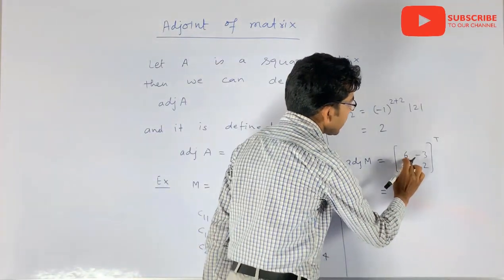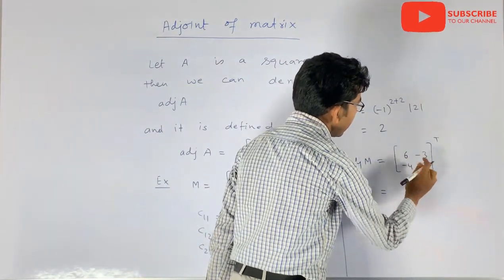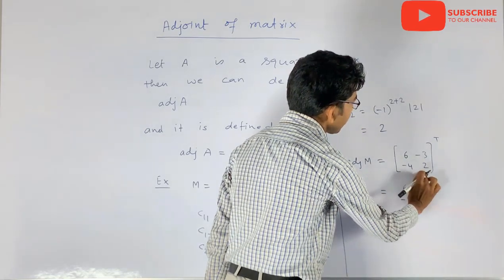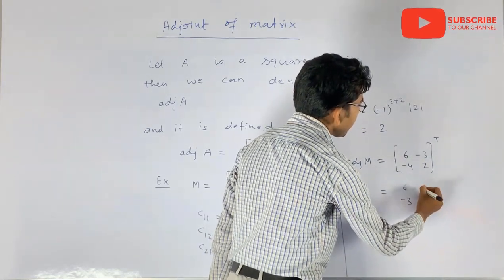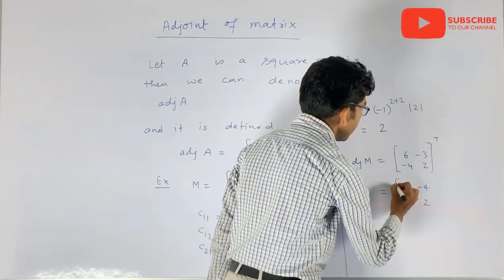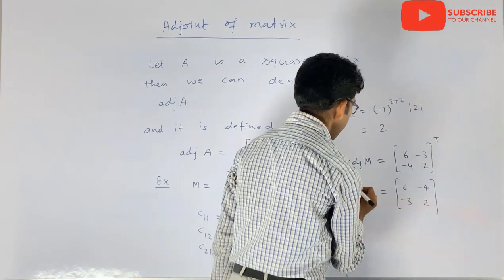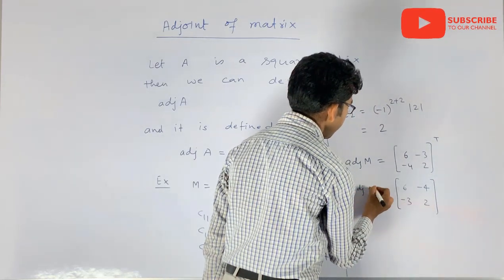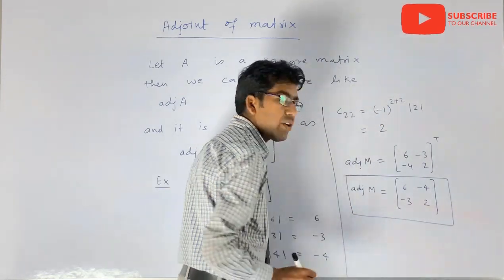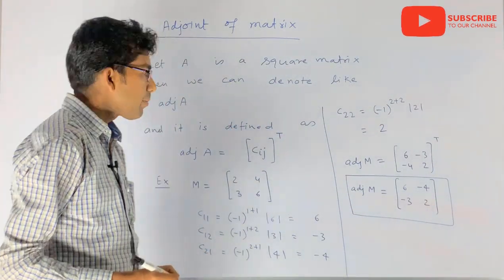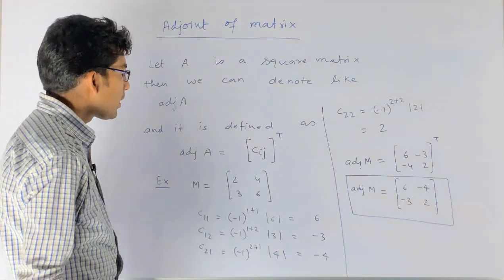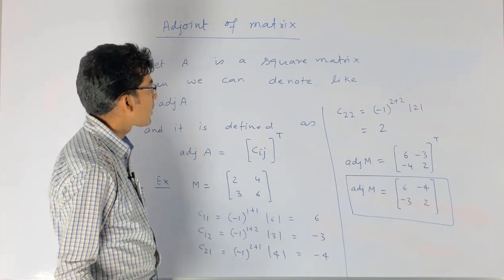So 6 and minus 3 we write in a column, and this row is written in the form of a column: minus 4 and 2. So this is our adjoint of the matrix. I hope you are getting my point and you are able to understand the concept of adjoint of the matrix.